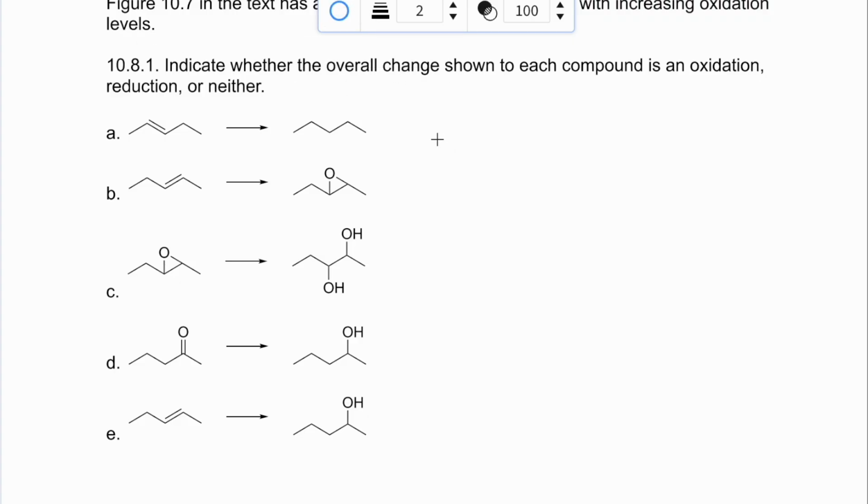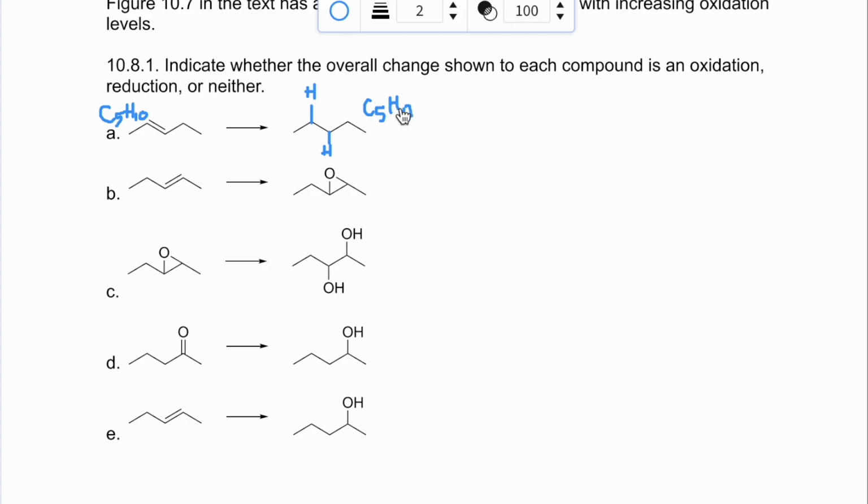All right, so let's take a look at this one, the beginning compared to the ending. You are gaining more carbon-hydrogen bonds. So we have this C5H10 going to C5H12. There are more hydrogens than the two that I've drawn. I've just drawn the two new ones.